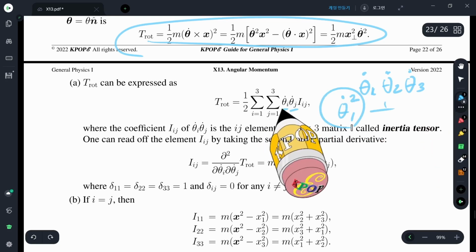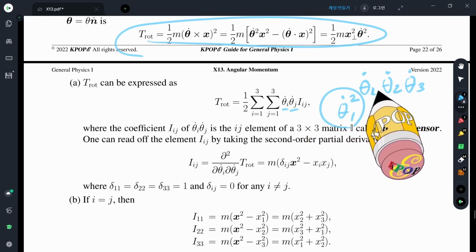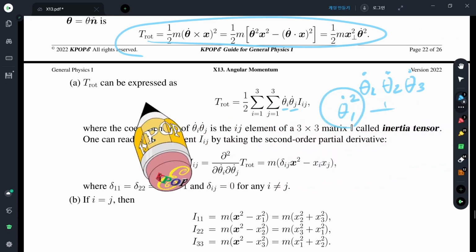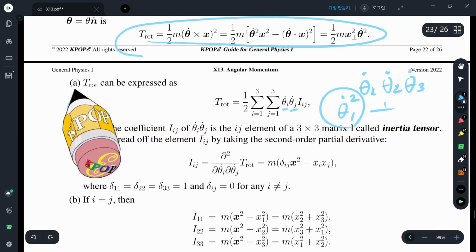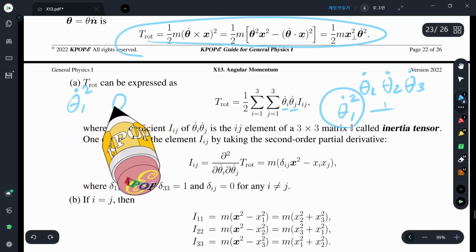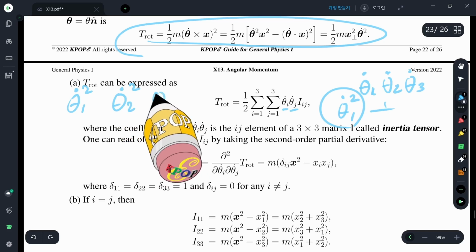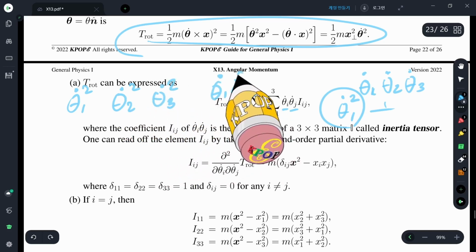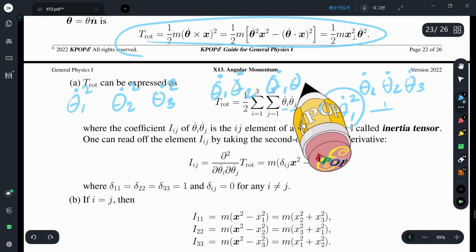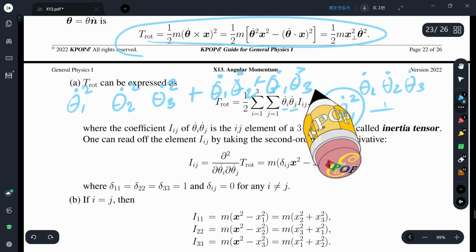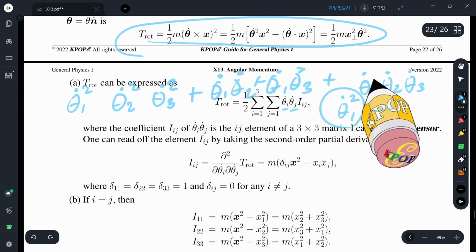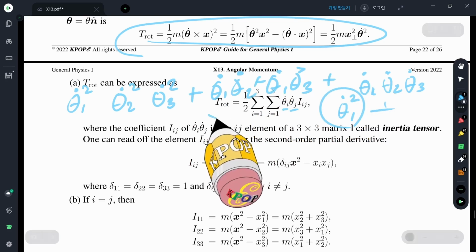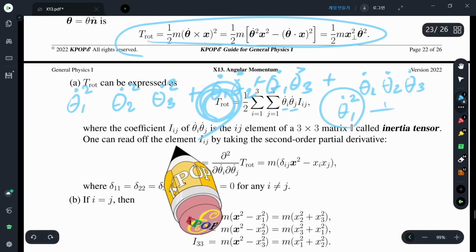In the most general case it carries all kinds of contributions: theta 1 dot squared, theta 2 dot squared, theta 3 dot squared, and theta 1 dot theta 2 dot, theta 1 dot theta 3 dot, and so on. There are so many contributions in reality for the rotational kinetic energy.